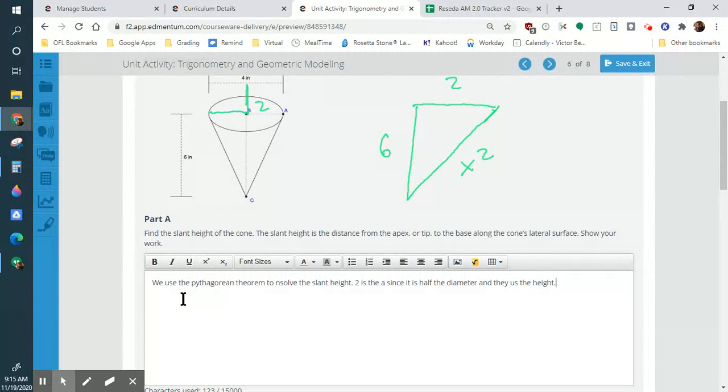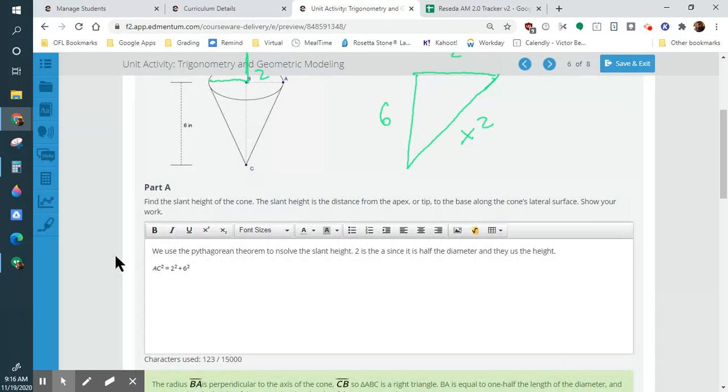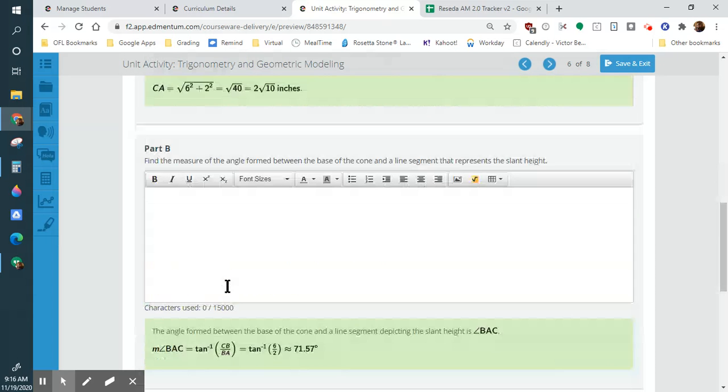I keep saying us because I'm teaching you guys. Here is where you do your Pythagorean theorem. You're going to say AC squared equals 2 squared plus 6 squared, and you just solve it like that. I don't think I need to solve this. I'm pretty sure you understand how to solve this by now. Just make sure that you take the square root to solve for it.